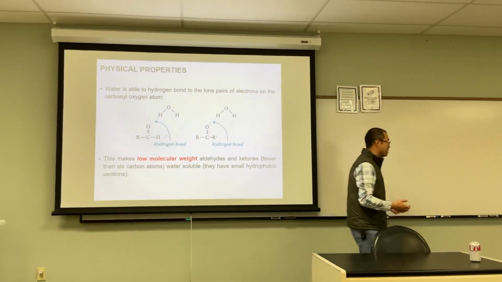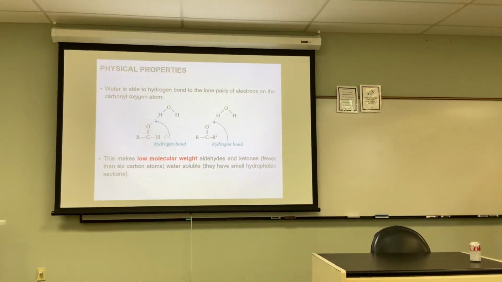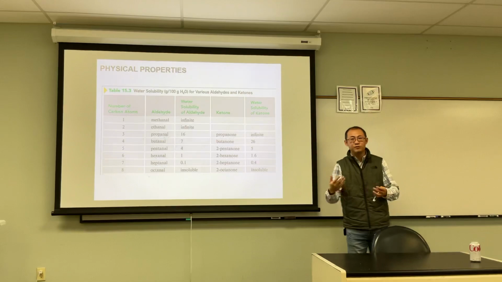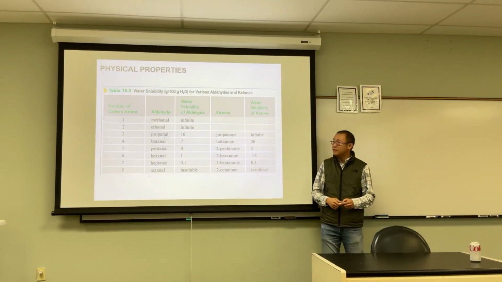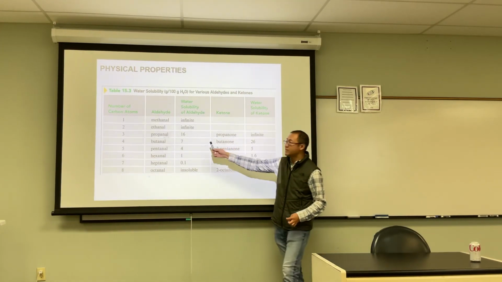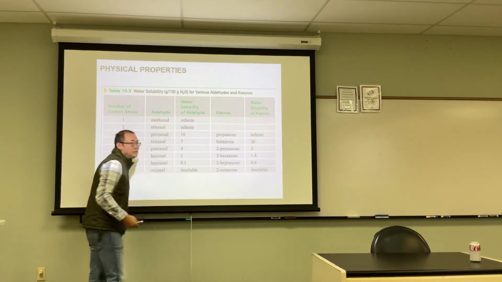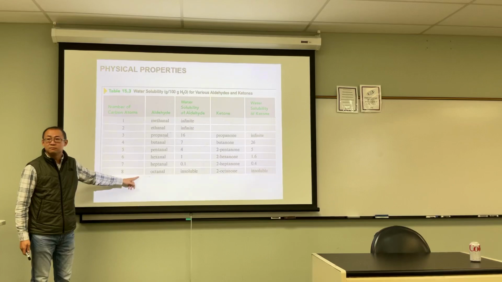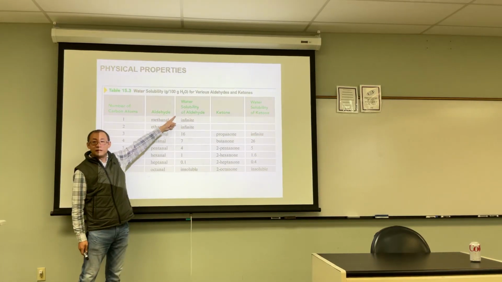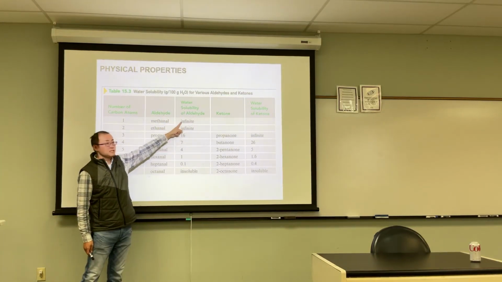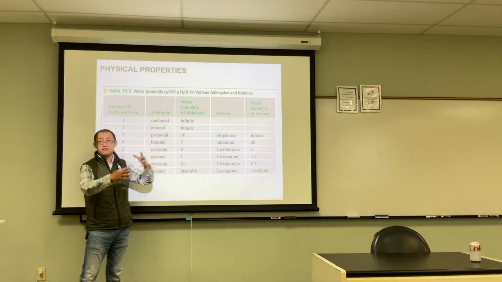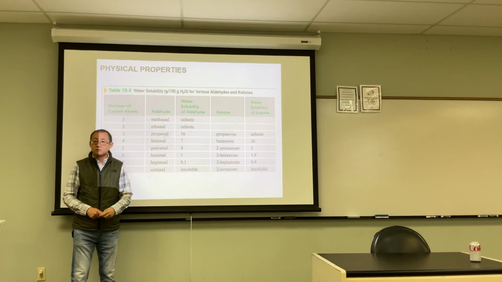And here is a chart. Like I said, sometimes the data in the chart will speak louder than purely describing it. On the left side of the table, take a look, are aldehydes, from carbon number 1 to carbon number 8. These are the water solubility values. For the first two aldehydes, the water solubility is infinite. That means what? You can dissolve with water as much as you want.